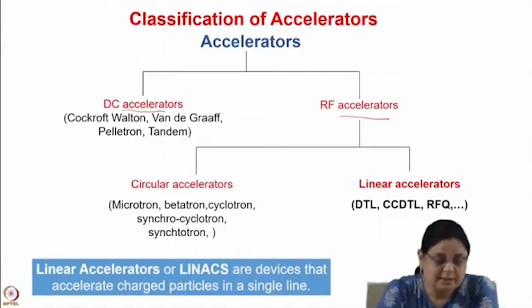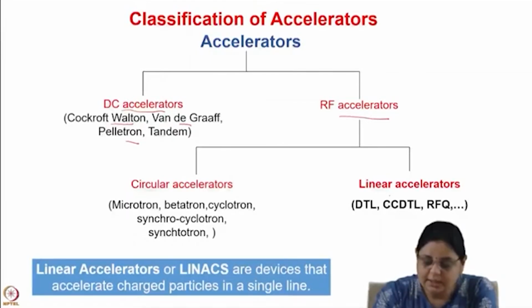For DC accelerators, you generate high voltage. Some methods of generating high voltage are Cockcroft-Walton, Van de Graaff, Pelletron, etc., which you must have already studied in module 1. RF accelerators are further classified into circular accelerators and linear accelerators, depending upon the path taken by the charged particles during acceleration.